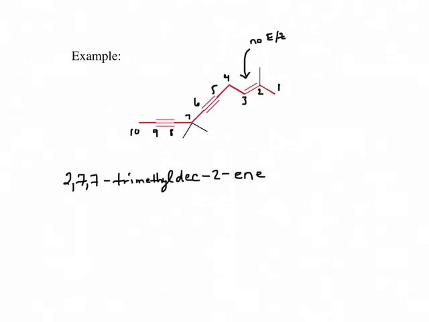So dec-2-ene, I didn't need deca because of the E. And then for the alkynes, we have 5, 8, and it's a diyne. And it turns out that I do need this E because D is not a vowel. So it's 2,7,7-trimethyldec-2-ene-5,8-diyne.